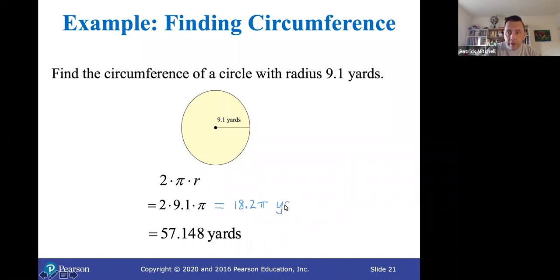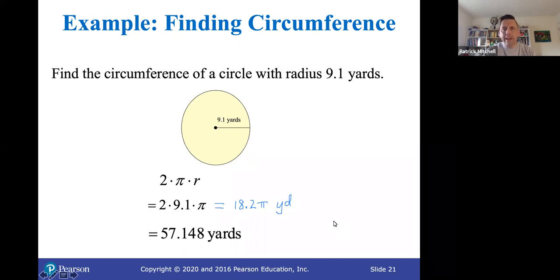The approximate circumference using 3.14 for pi would be 57.148. If you have your calculator handy, you might want to take a look at it right now. It probably has a pi button on it. Now you do have to be careful with that. Again, if you're doing online homework, read the directions.